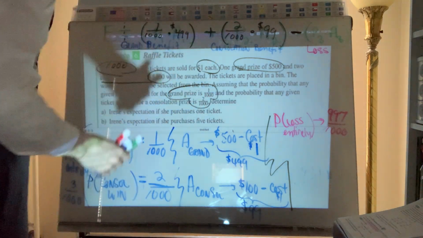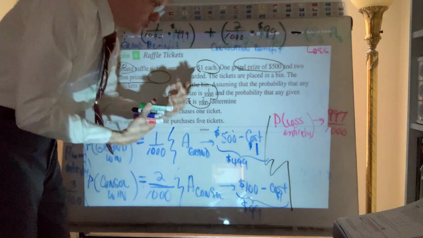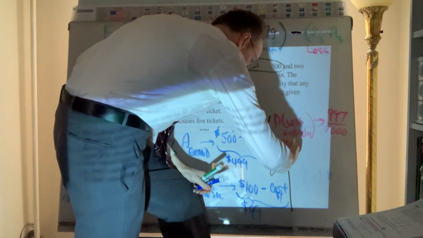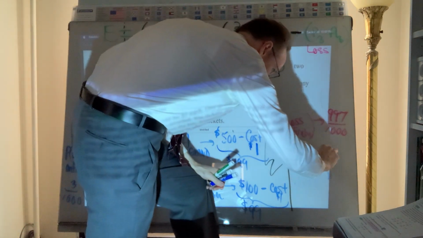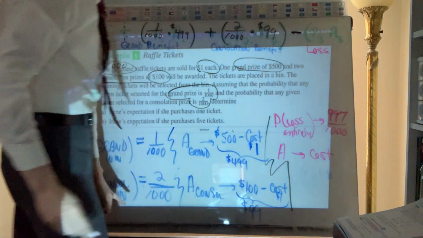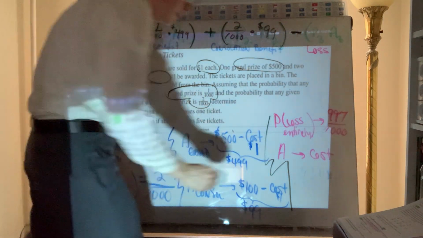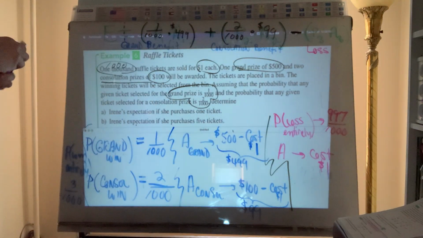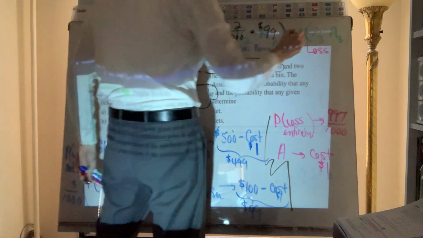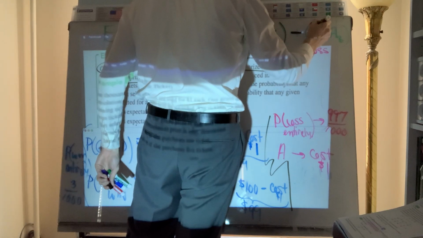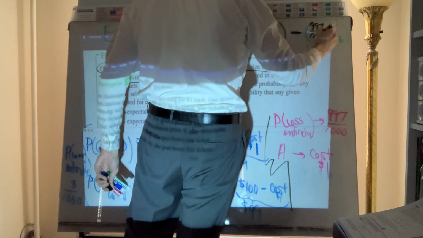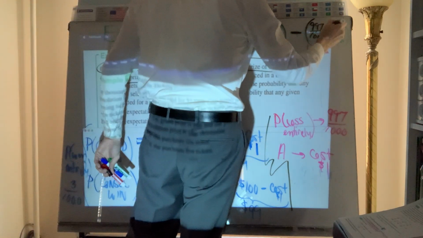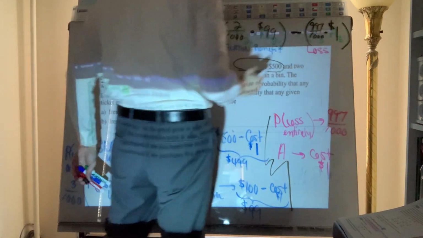All right. What is the amount associated with losing? If you lost entirely, the amount that you would lose is just the cost of the ticket. Now, if a person is just buying one ticket, that's just $1. So what I would slip in here is the greater proportion of probability, 997 out of 1,000, times the amount of $1.